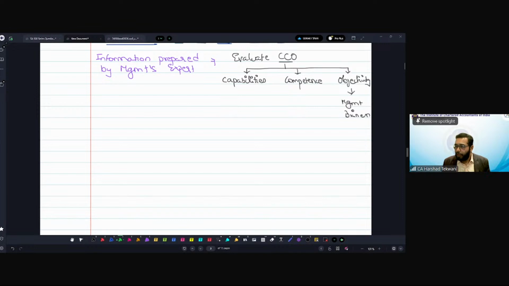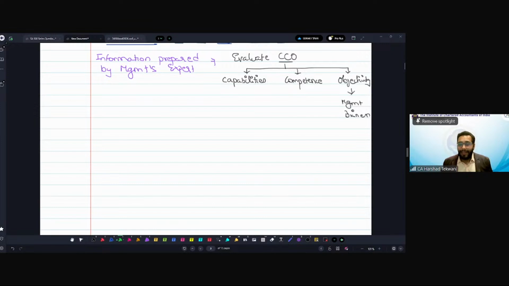Clear? So that's why objectivity is very important. That will give you good clarity about management bias. And there is one more aspect of this. Now, we already know management override of control, a fraud factor. Yes. So management override of control can also impact the working prepared by the management expert.